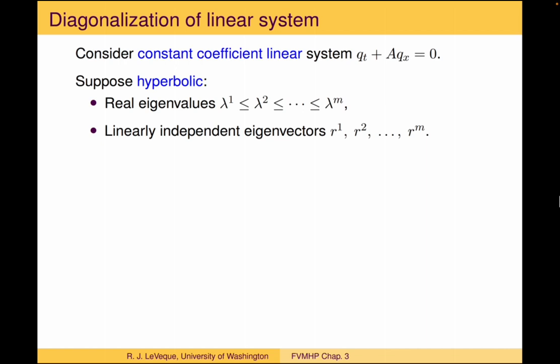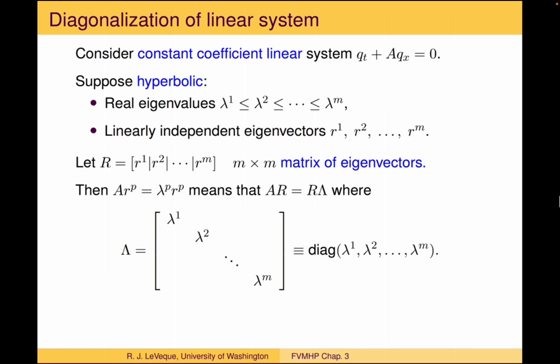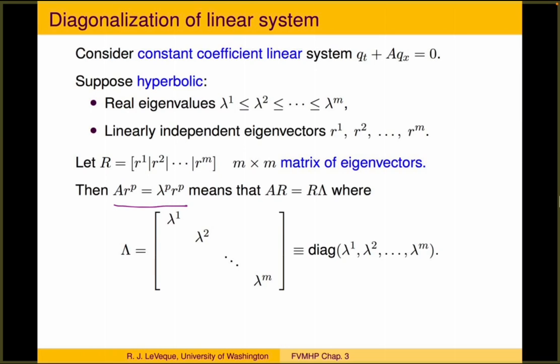So if we have a more general system, q_t + A q_x = 0, and it's hyperbolic in the sense that we've looked at, then that means that we have a matrix R of eigenvectors, so that A times the p-th column of R is lambda_p times the p-th column of R. That's what it means for r_p to be an eigenvector.